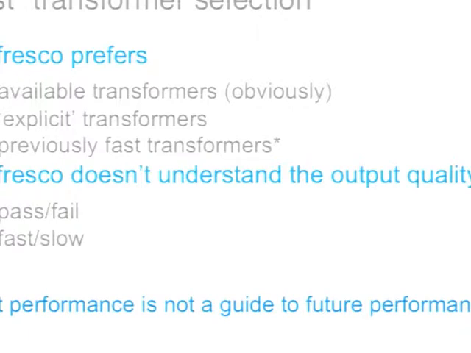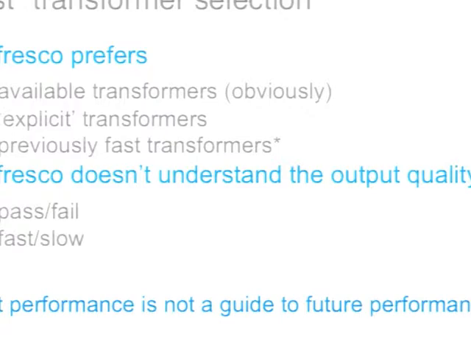It prefers what we call explicit transformers, and explicit is really a flag on that Spring bean for a particular transformer that says, I'm really good at this particular MIME type pair, so pick me. And it prefers previously fast transformers, but past performance is not necessarily a guide to future performance. So for example, if you have two transformers that will turn a Word document into PDF, and one takes a long time to do that, but produces a really good quality version of your document, and another one does it very quickly, but doesn't.